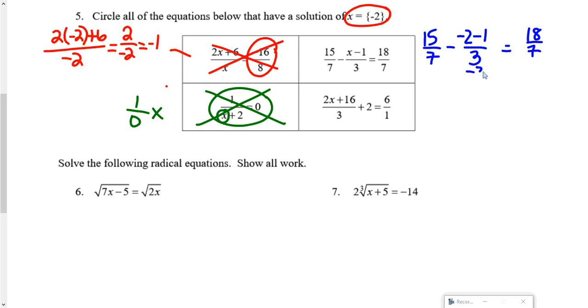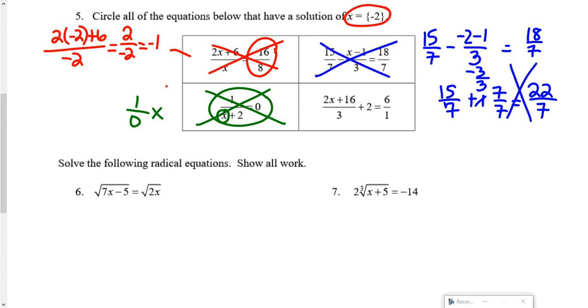This is -3 over 3, which is just -1. And it was minus -1. So I have 15/7 plus 1. So that would be 1 I can rewrite as 7/7. 15/7 plus 7/7 is 22/7. That is not the same thing as 18/7, so this one does not work either.